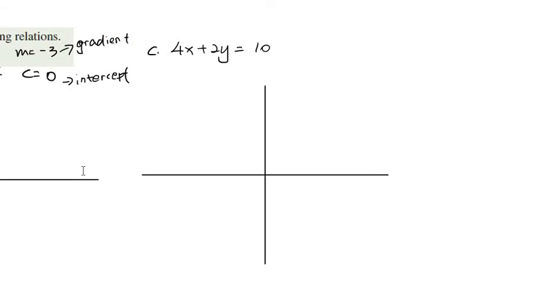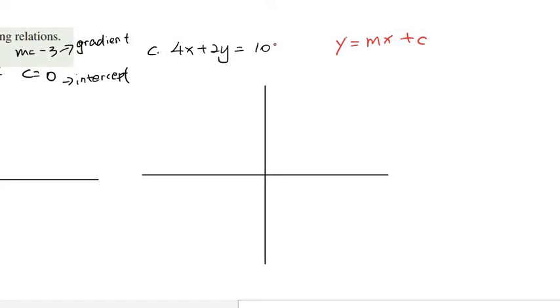Now part C. Part C is a bit different from what we would recognize. If you say that the gradient of this linear equation is 4, then you will be wrong, because if we compare to the general equation y equals mx plus c, we notice that it's not in the right format, so we need to rearrange it.